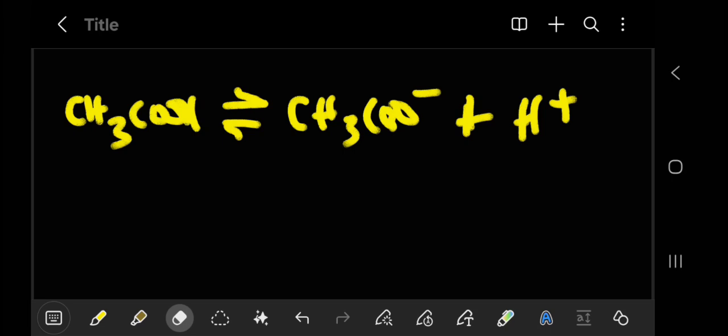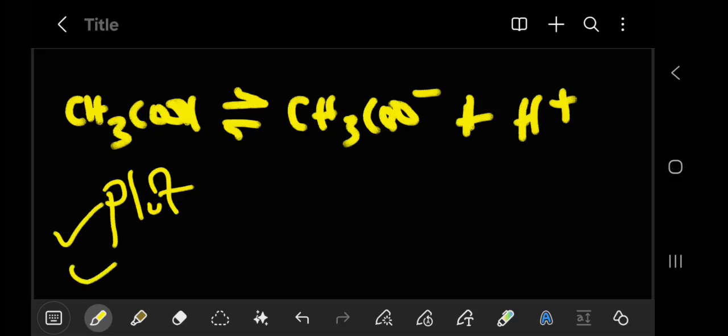So in this experiment, be sure to know how to plot. That is one. Be sure to know how to determine the Ka of the acid. Know the relationship that exists between the Ka, the pH, and the pKa, and be able to make deductions on the value you've gotten.